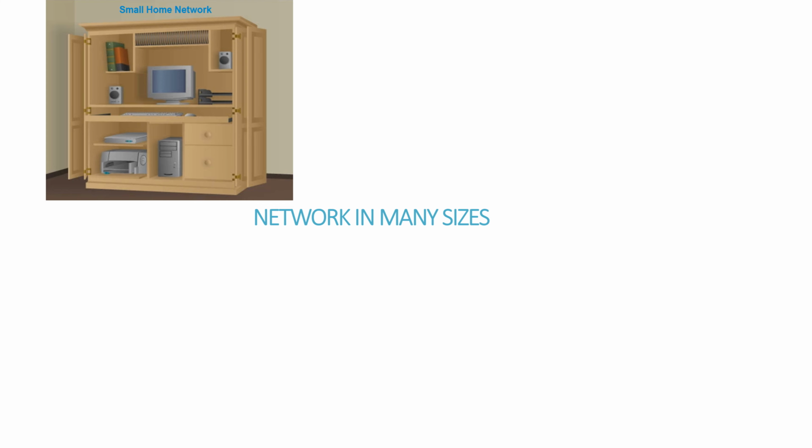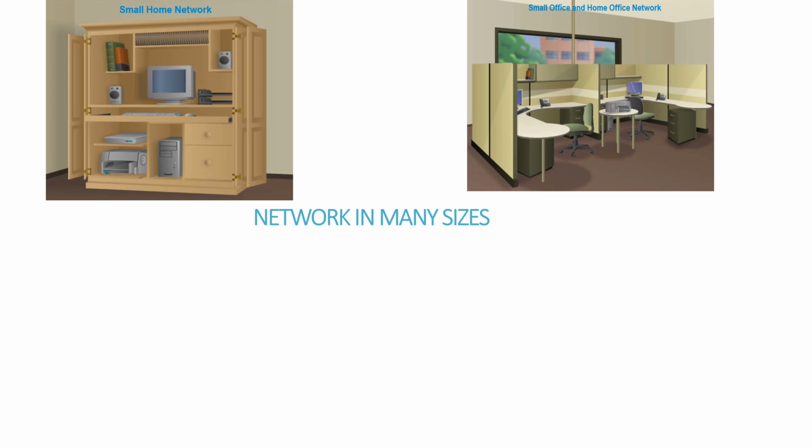Then a little bit bigger is the small office or home office network, also called a SOHO network. In this one, we allow people to work from home or at a remote office.